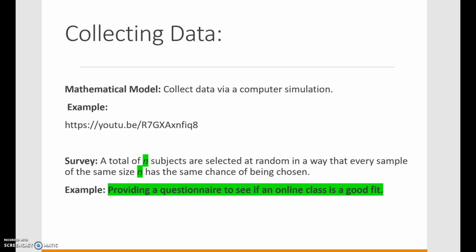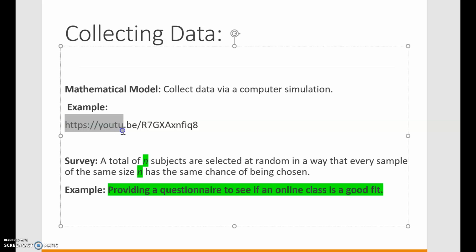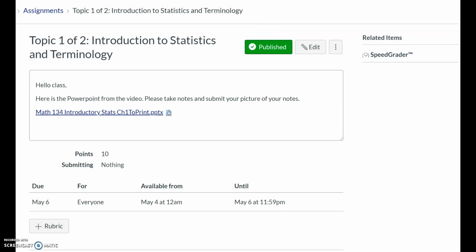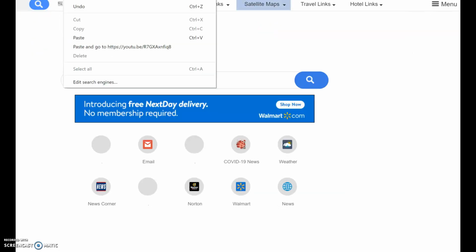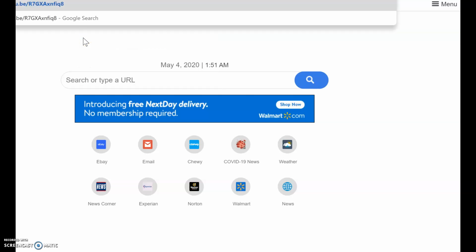Okay, let's take a look at the next one, the mathematical model. Whenever we're running a mathematical model, this is a theoretical way of collecting data. Let me show you this particular one. The video that I'm about to show you is a mathematical model of a virus.